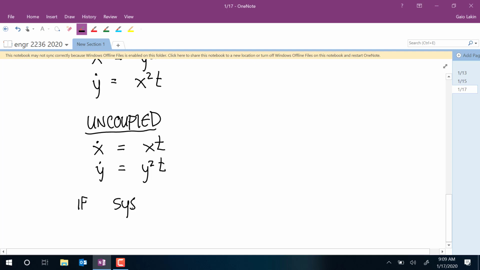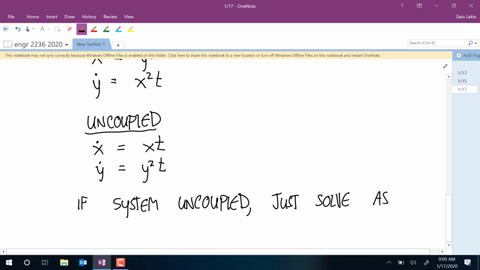If the system is uncoupled, all you do is solve as two independent ordinary differential equations. So you can just think of them as separate problems. Okay.